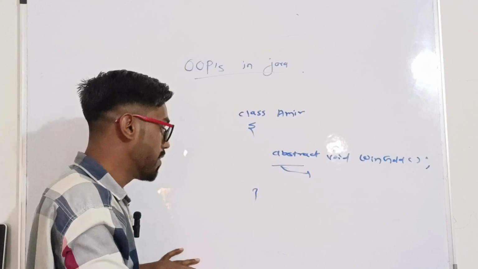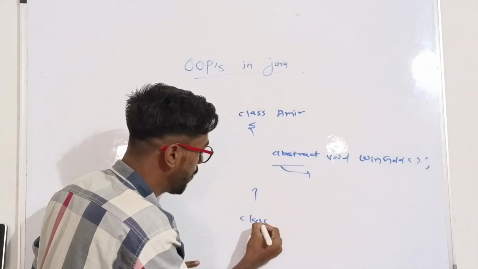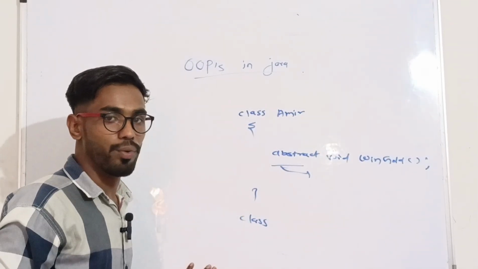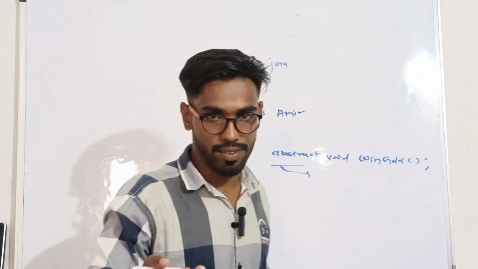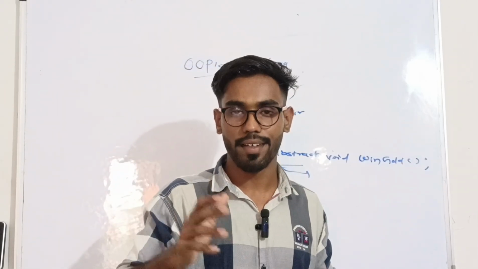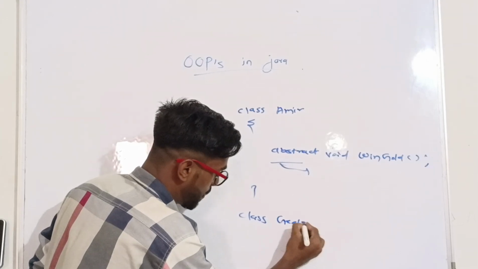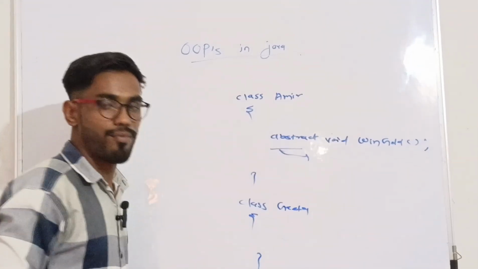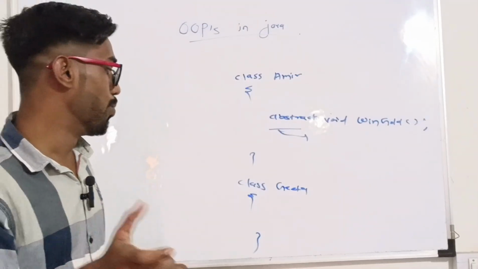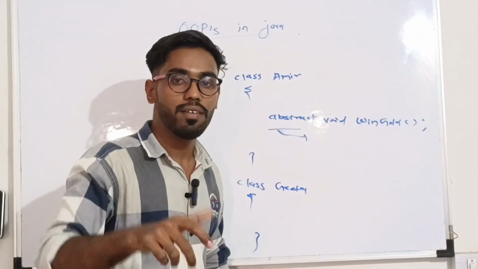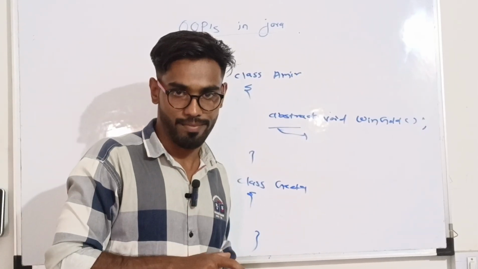So we have to create another class. In the Dangal movie there are two daughters of Aamir Khan, Geeta and Babita. We take Geeta as a class. If you watch the movie, Geeta completes the dream of the father.